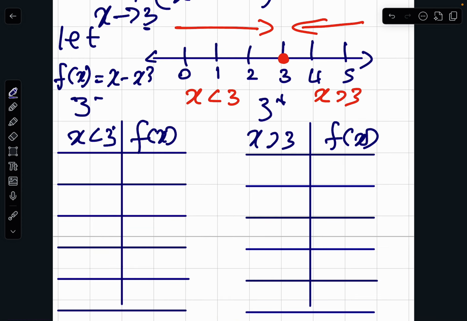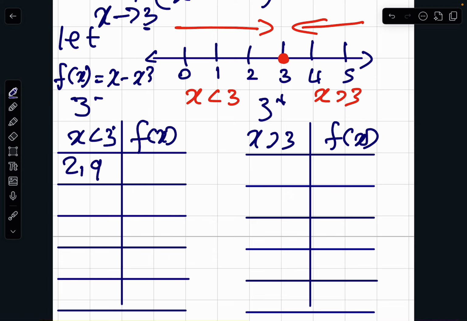What is the value that is closer to 3 from the left? Remember, we have 2.1, 2.2, 2.3, 2.4, 2.5, 2.6, 2.7, 2.8, 2.9. We don't want 3. We want the value that is exactly here, which is 2.9. We are going to write 2.9.